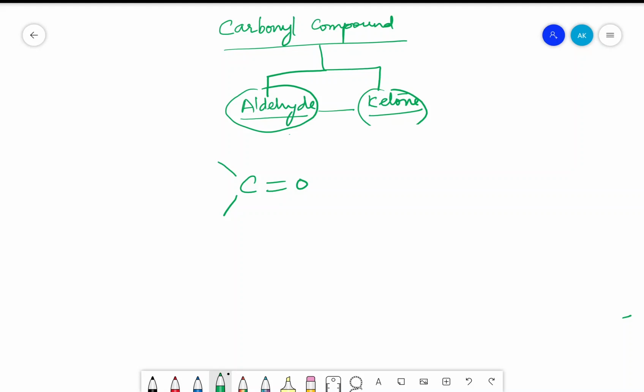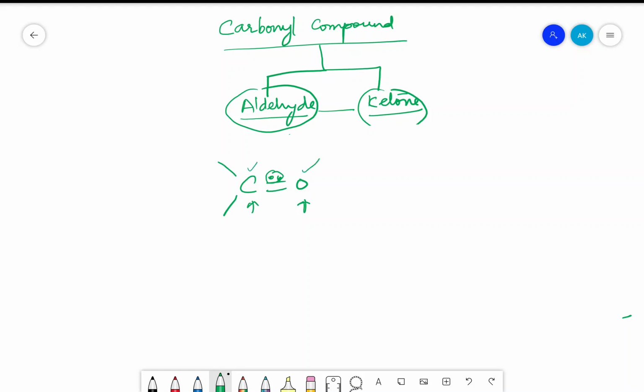This is your general carbonyl group. One thing you have to remember and always have in your mind is that the pi electrons, or pi bonds which contain pi electrons, are not equally shared between carbon and oxygen. The pi electrons, which form a pi bond between carbon and oxygen, are not equally shared.